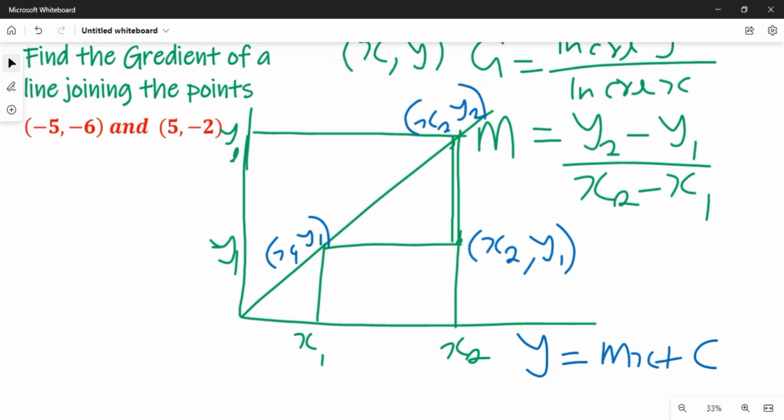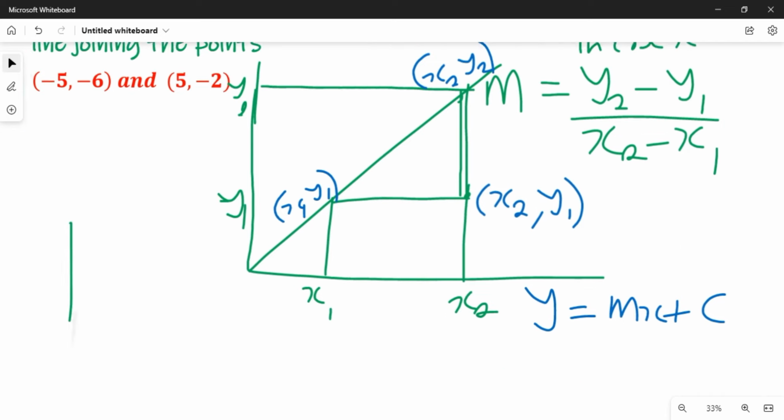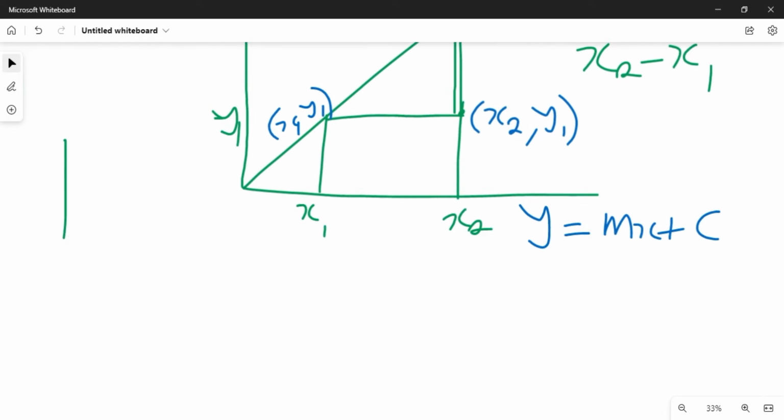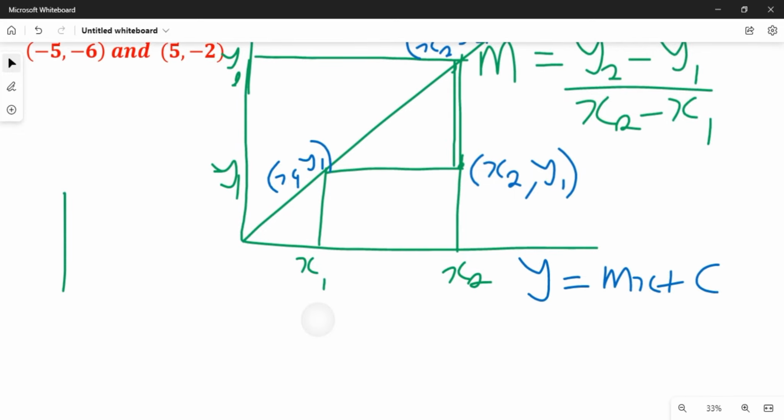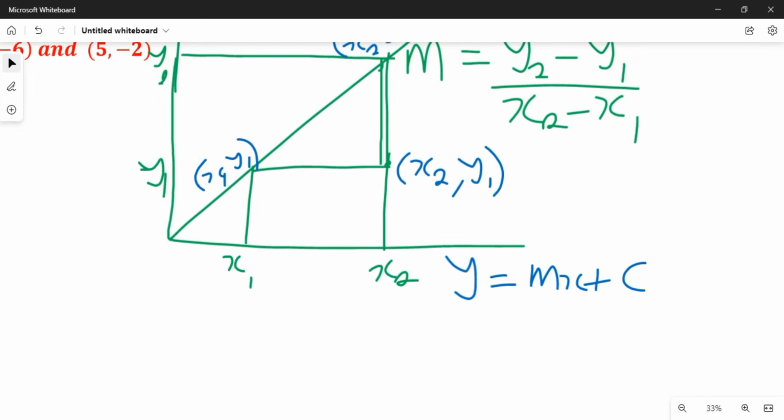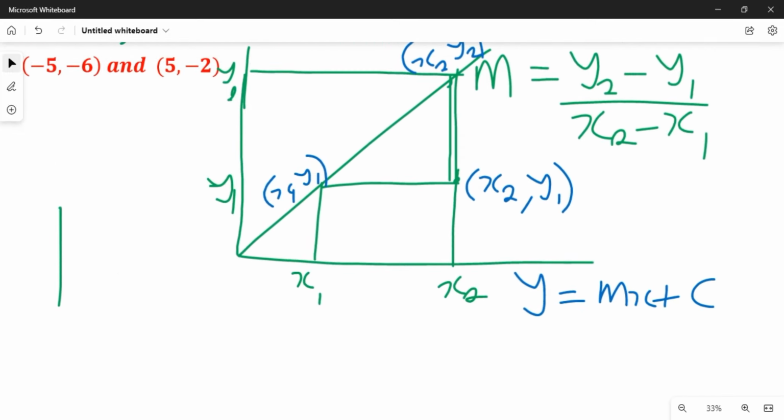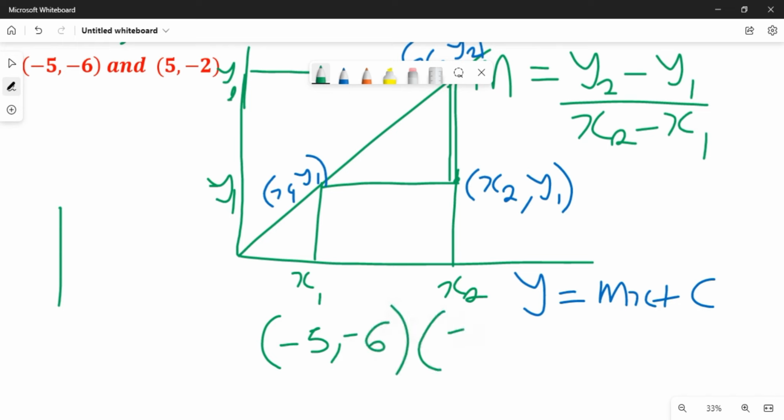Now, having been given the values of x and y, we're going straight to solving this question. Remember, we are told that the first point of that gradient is -5 and -6, and the second point is 5 and 2.